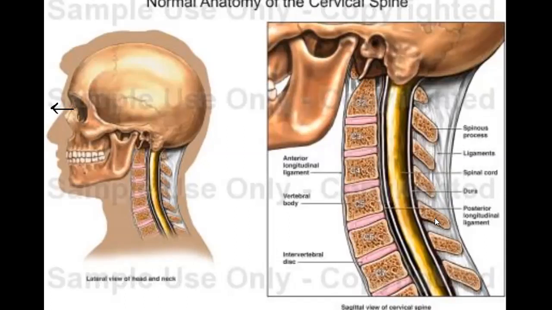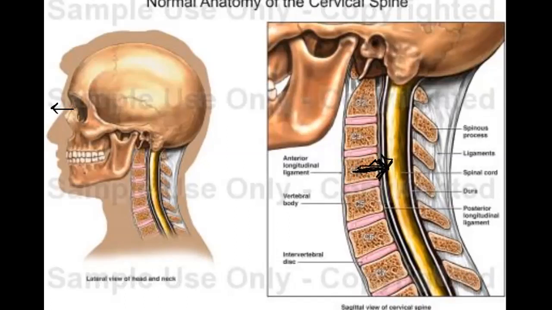So if we get a fracture, sometimes you'll have fractures which will actually go backwards into this area here. It may start to put pressure on the spinal cord and can actually lead to paralysis. And there are several different ways that people can get fractures from sports.